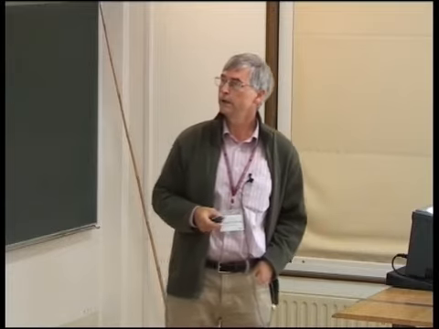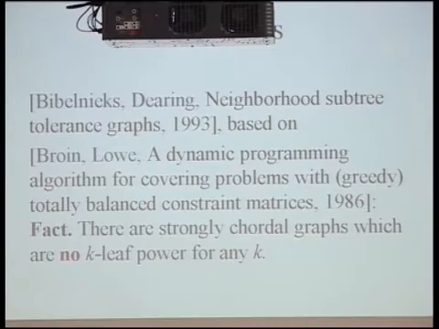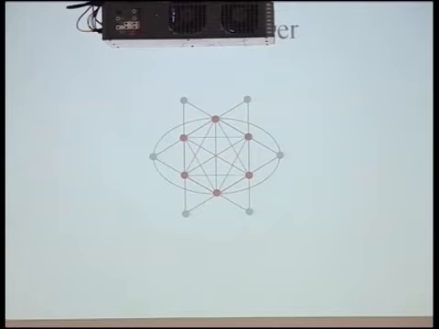And finally it turned out, if you combine all these tools, you get the fact that there are strongly chordal graphs which are no k-leaf power. So this is a strict inclusion. Here's an example. This graph is a strongly chordal graph. Exercise, you can see it quite easily, but one can prove that this graph is not a k-leaf power for any k.